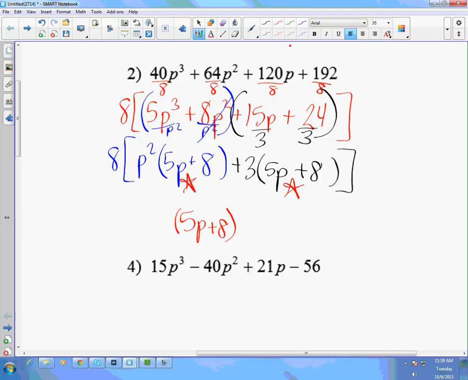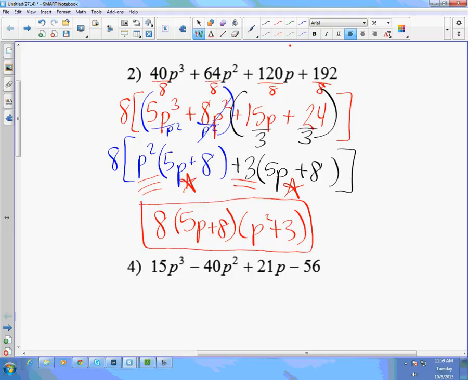Remember how I told you the other factor came about? What's the other factor? P squared plus 3. And something so easy to forget is that at the very beginning there's a third factor. The 8 just tags along until the answer comes out.